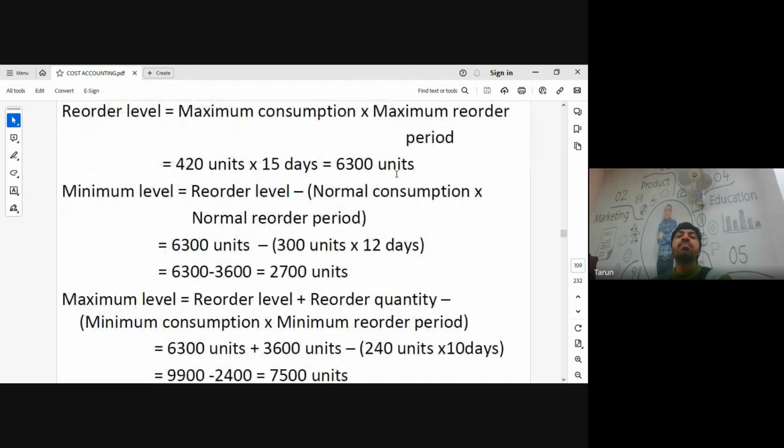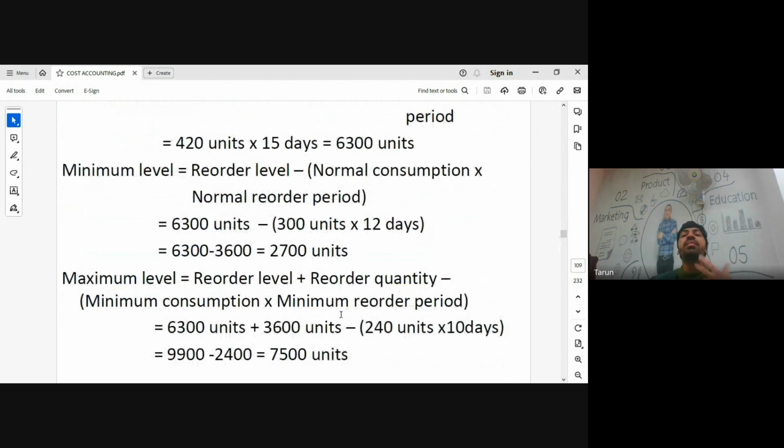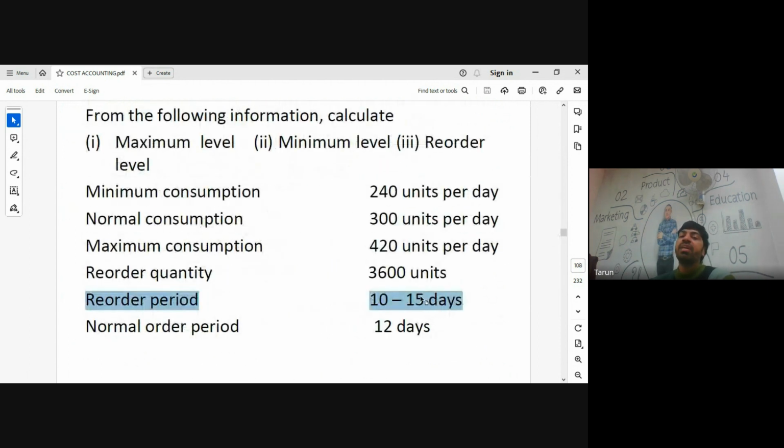And the next is the maximum reorder period. The reorder period is 10 to 15 days. We cannot take 10, and we need the highest, the maximum reorder period. There are two periods, 10 days and 15 days.